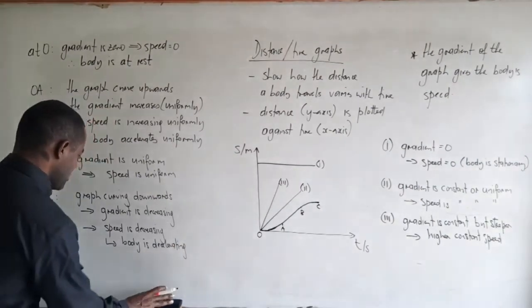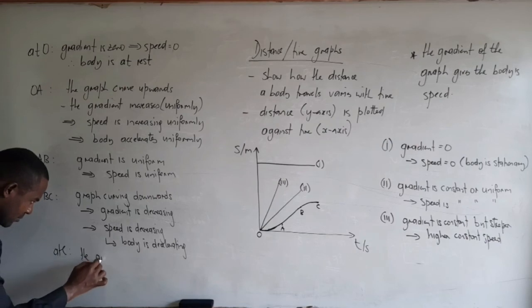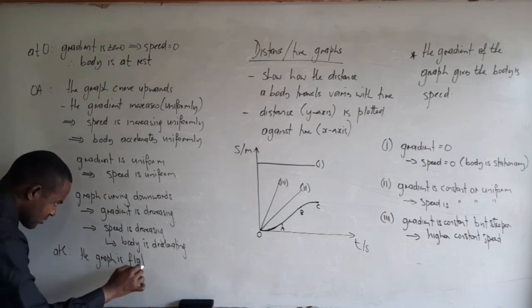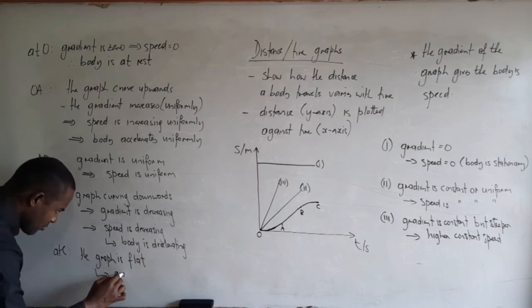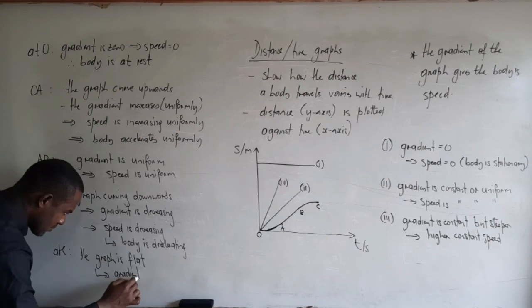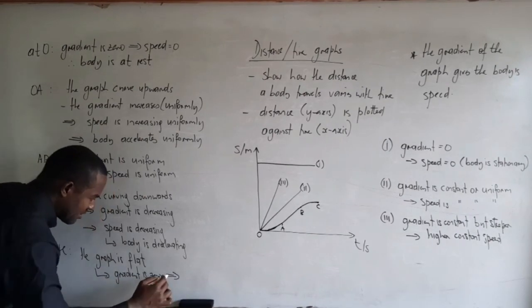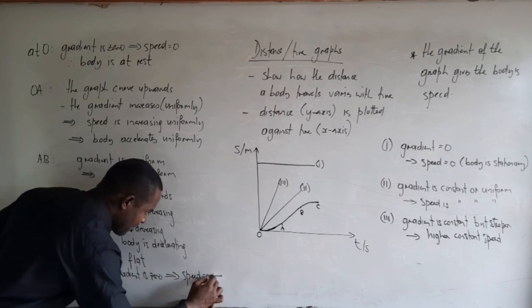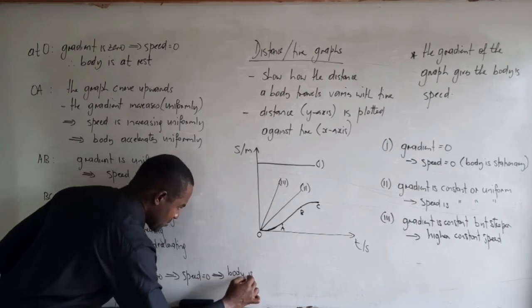And at C, the graph once again is flat, and this therefore means the gradient is 0, which of course means that the speed is 0, which further implies that the body is at rest.